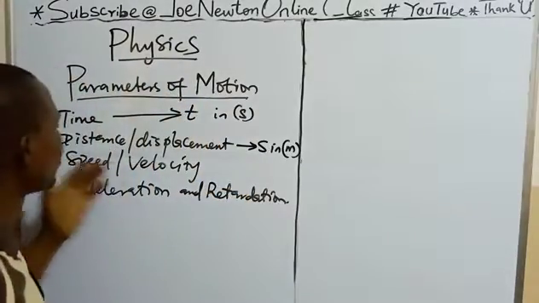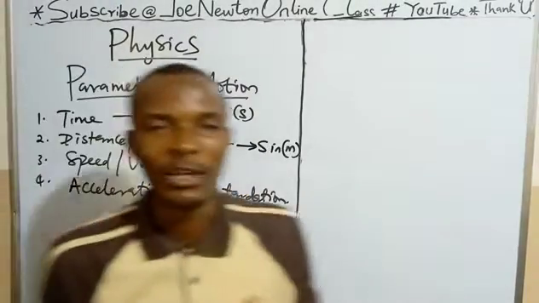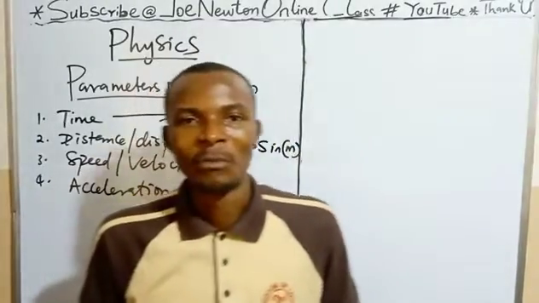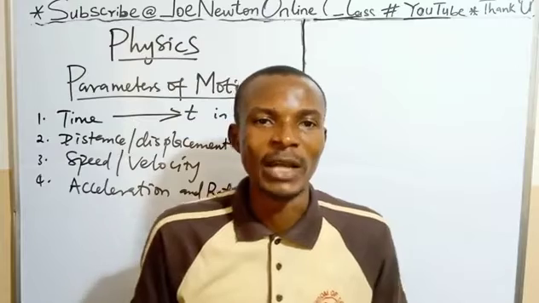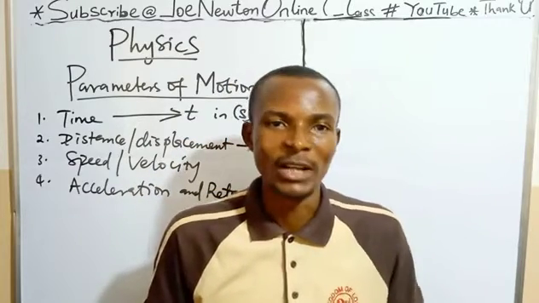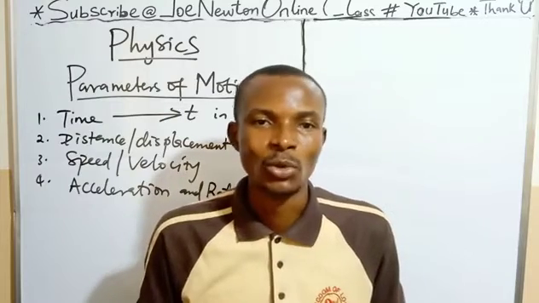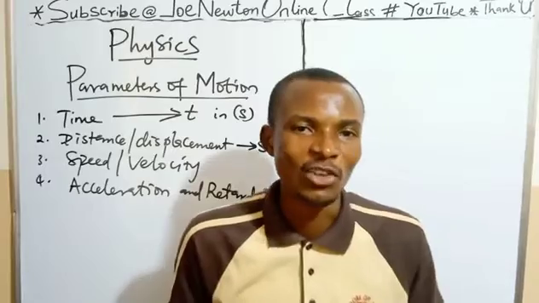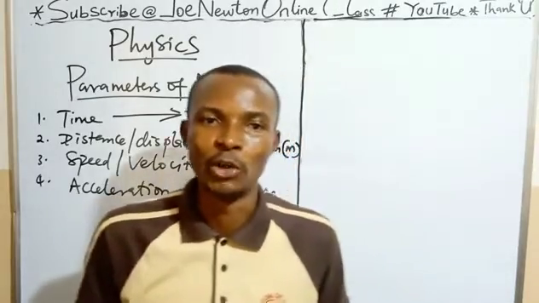Now let's look at speed or velocity. Speed simply means the distance traveled per unit time. That is the ratio of the total distance covered to the total time taken to cover the distance. That is the speed of a body in motion.